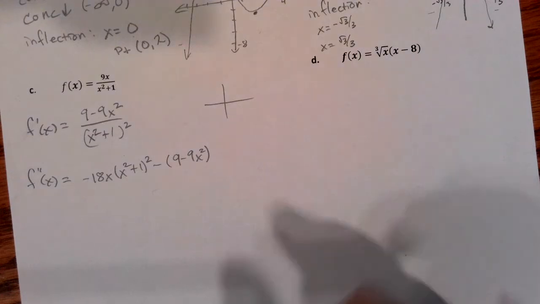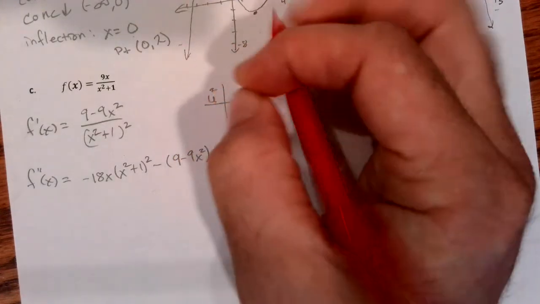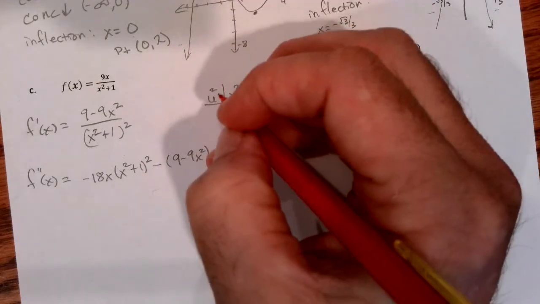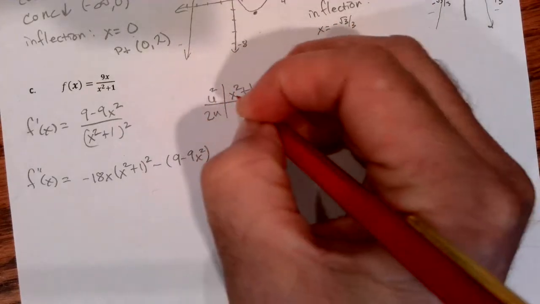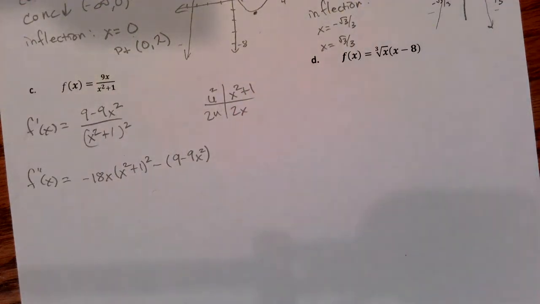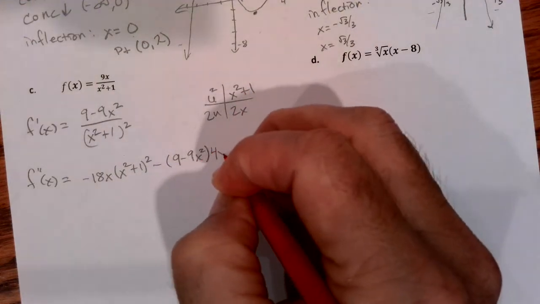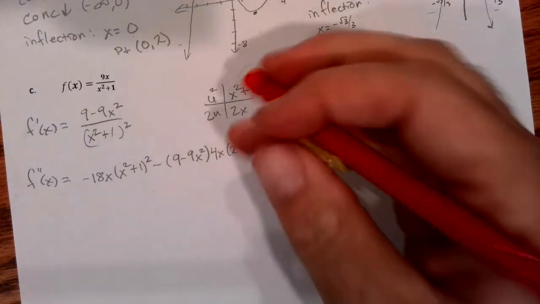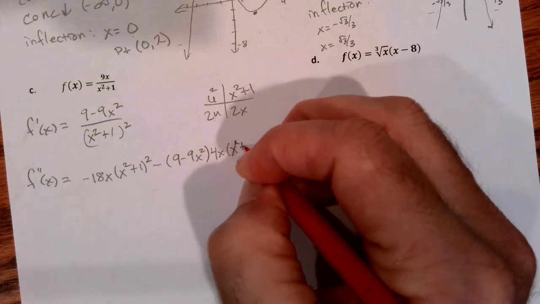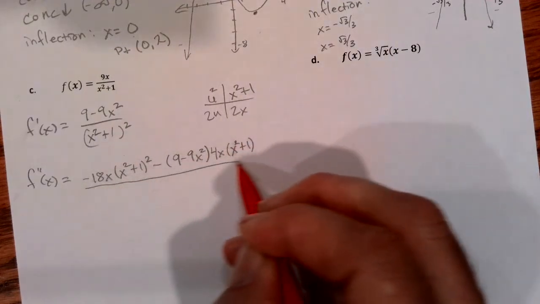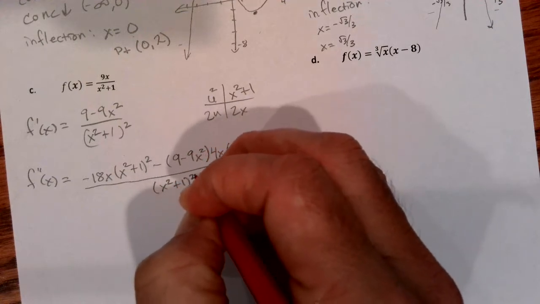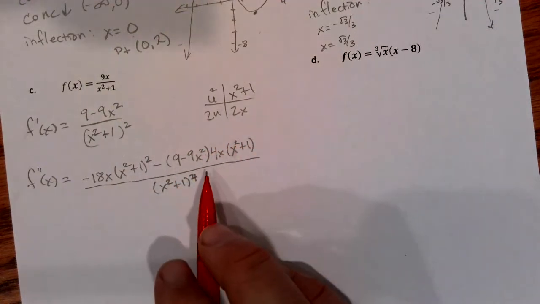Chain rule for the derivative of the bottom, u squared, where u is x squared plus 1. Derivative of u squared is 2u. Derivative of x squared plus 1 is 2x. We multiply those, we get 4x times x squared plus 1, all over x squared plus 1 quantity to the fourth power.